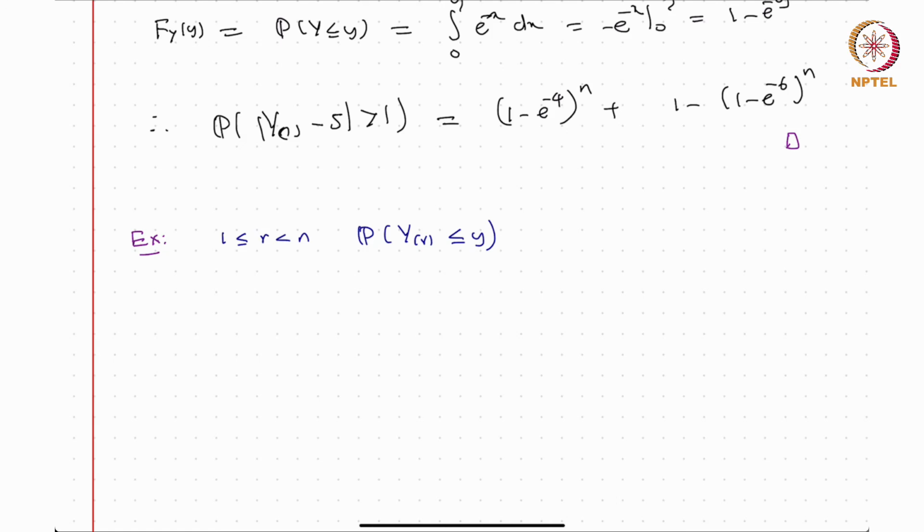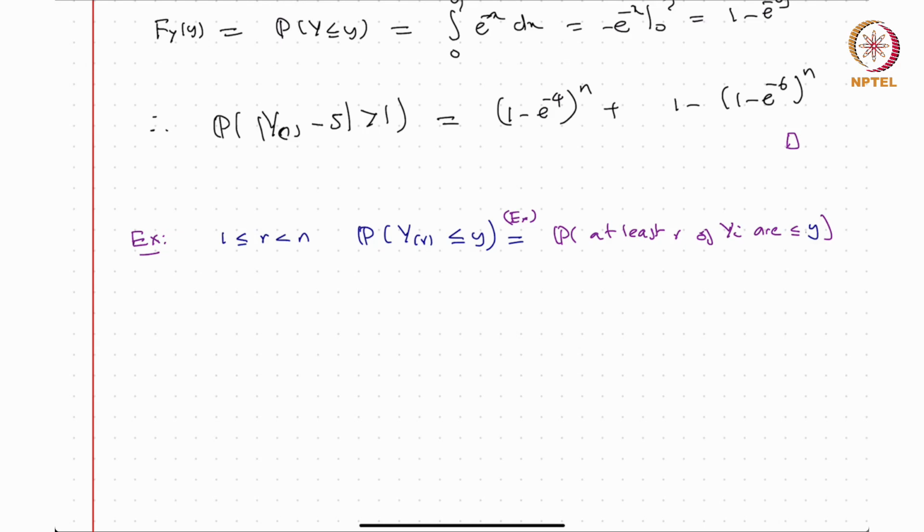That's the same as, if you think a little bit, the probability that at least r of the Yi's are less than or equal to y. Only then will the random variable Y_r, the rth order statistic, be less than or equal to y.